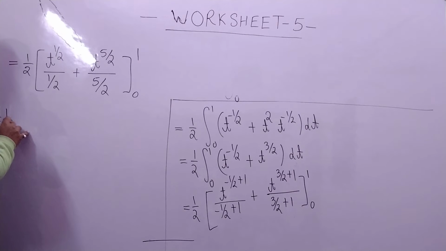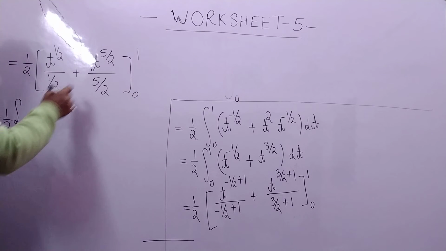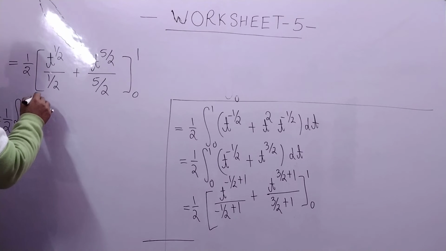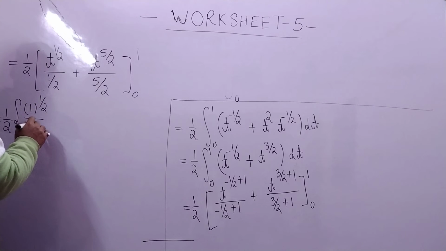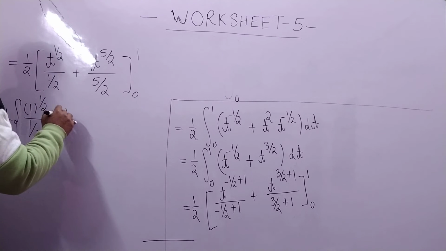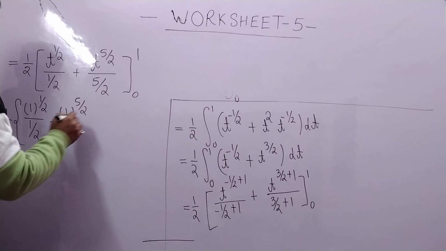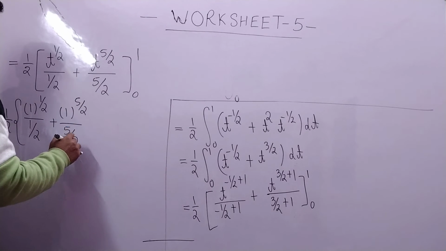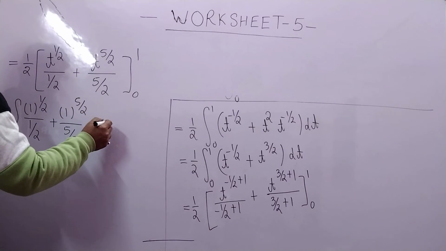First of all, we apply the upper limit. Upper limit is 1 and lower limit is 0.